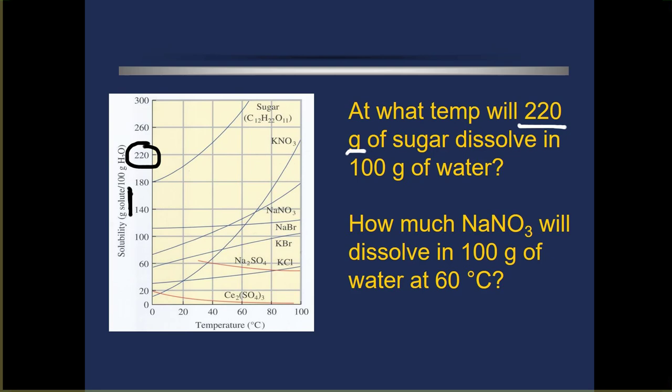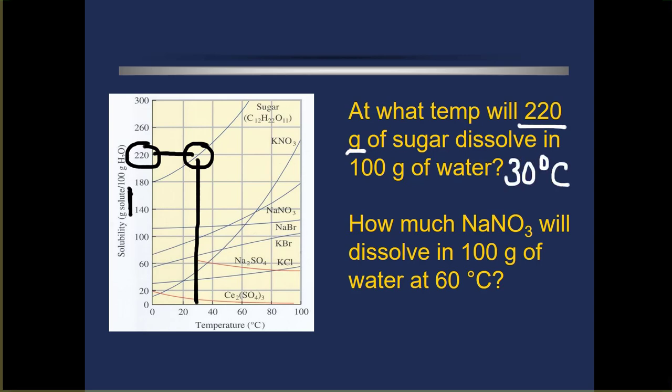So I'm just going to read across 220 until I come to that sugar line, which is right there. So right where it crosses that line, that is the temperature at which 220 grams is dissolved. And so you can just kind of eye that. And I think it's right about in between the 20 and the 40. So I'm going to say 30 degrees.